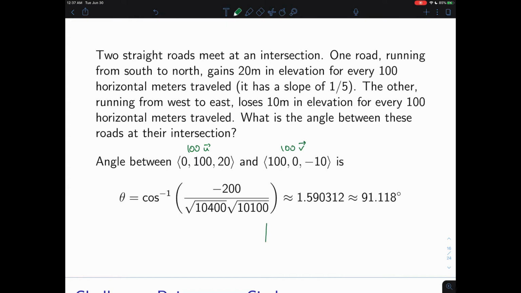That makes sense, right? One of these roads is going north-south, to the north, and one of these roads is going west to east, and that would be 90 degrees. But then you sort of warp them by raising this one up and pushing that one down.